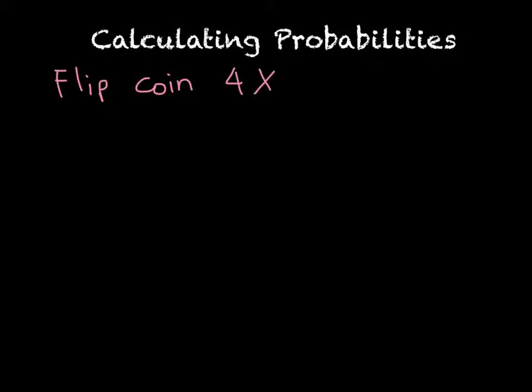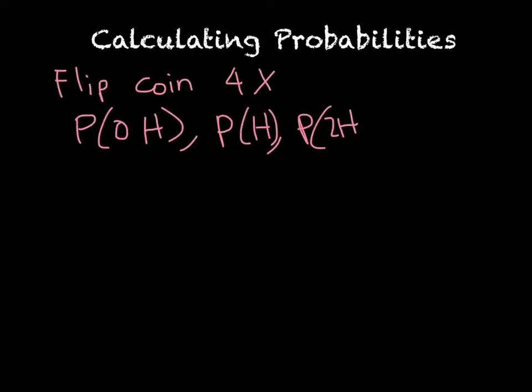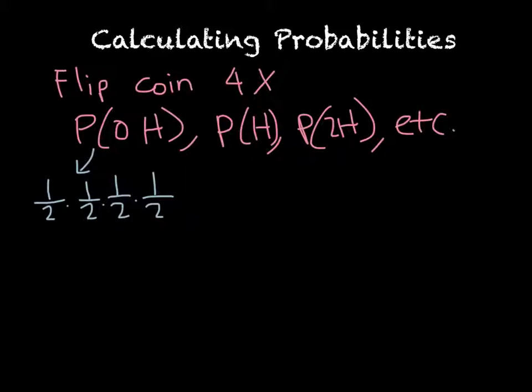Let's examine the probabilities that I get 0 heads, 1 head, 2 heads, etc. So the probability that I get 0 heads means that I would get tails on every single flip. So that's 1/2 for the first coin flip, 1/2, 1/2 times 1/2 4 times, because each time the probability that I land on tails is 1/2, and all our trials are independent. This gives me probability of 1/16.